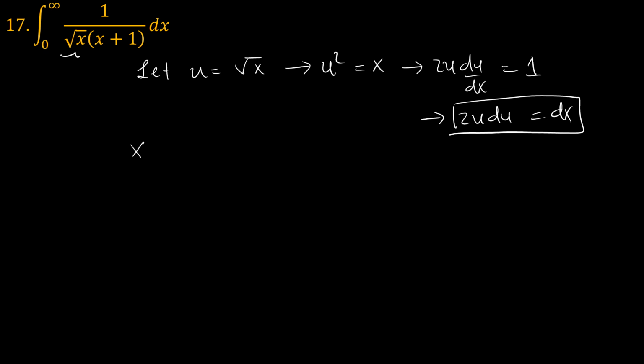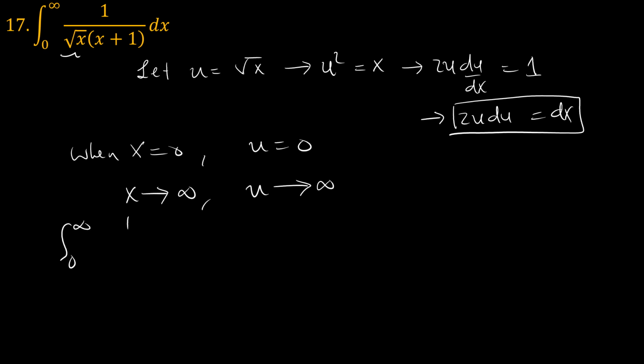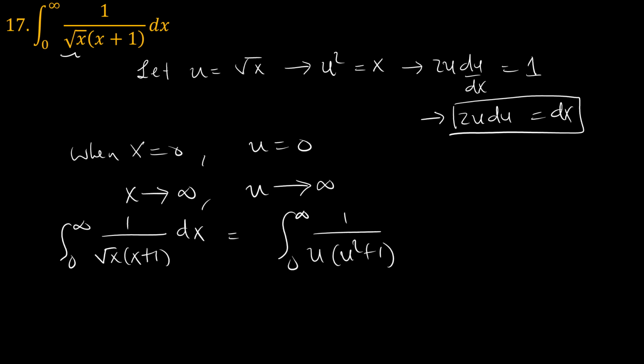As x is 0, u is 0, and as x tends to infinity, u should also tend to infinity. And so the integral from 0 to infinity of 1 over x plus 1 is the same as the integral from 0 to infinity of 1 over u squared plus 1, times 2u du.